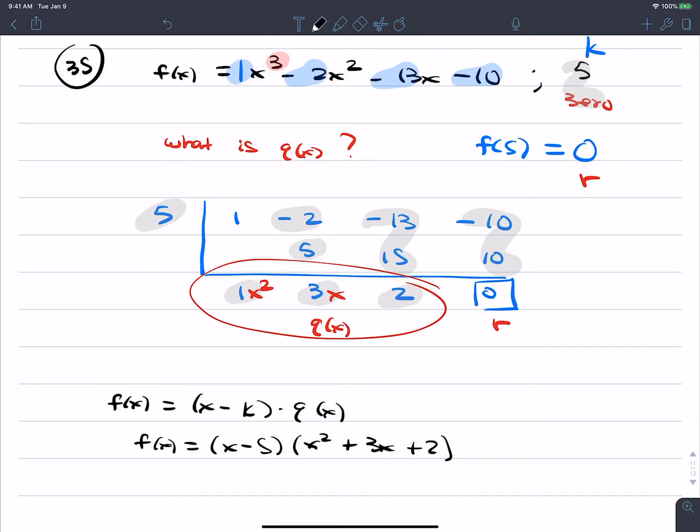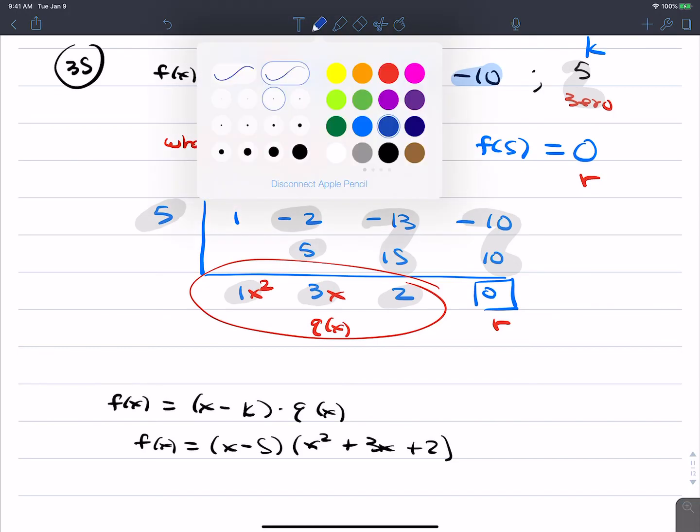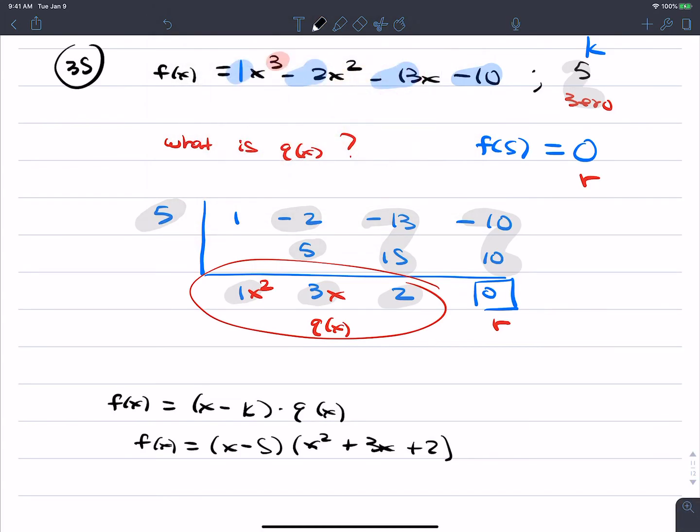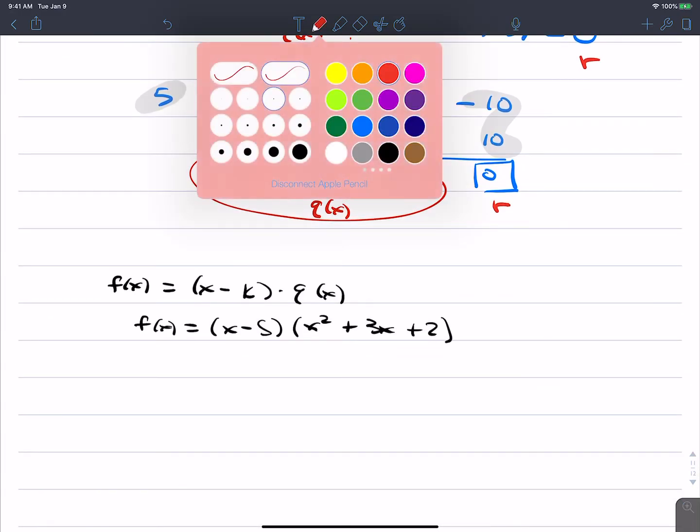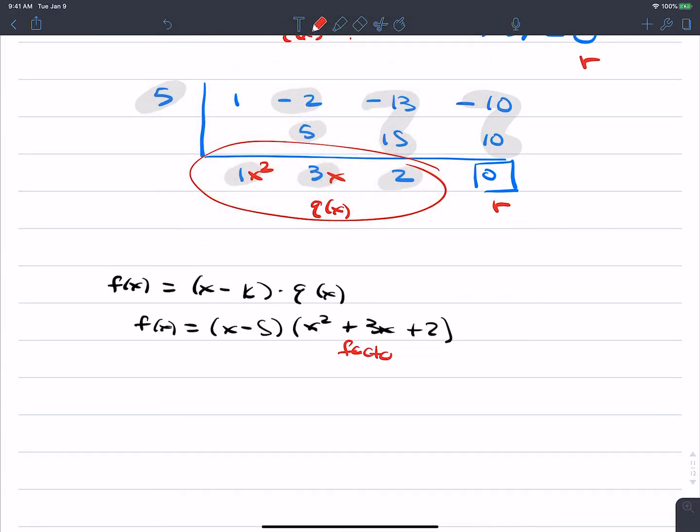If k is 5, right up here, x minus k, that's simply x minus 5. That's the linear factor. What we have to do now here is factor this trinomial, and we'll find the other zeros.